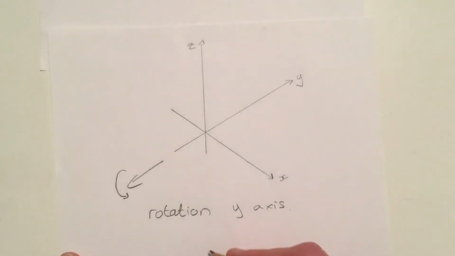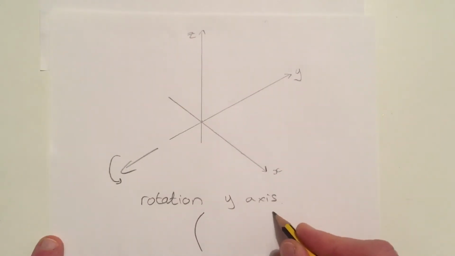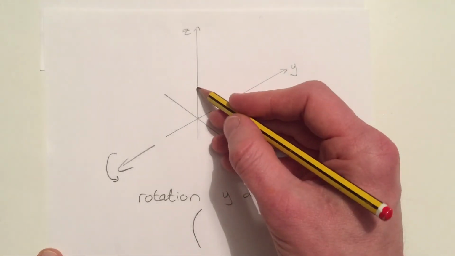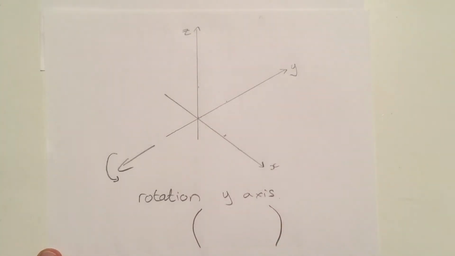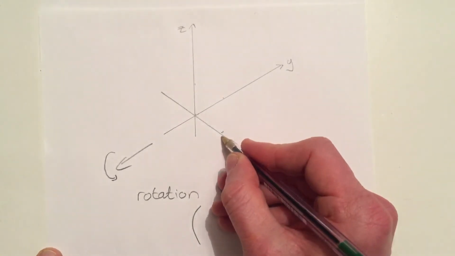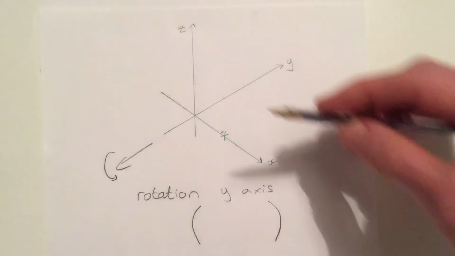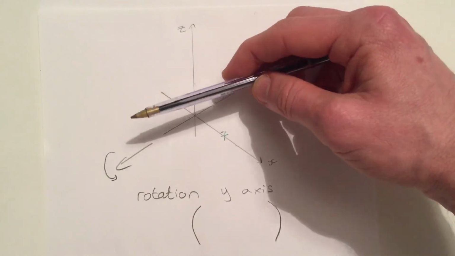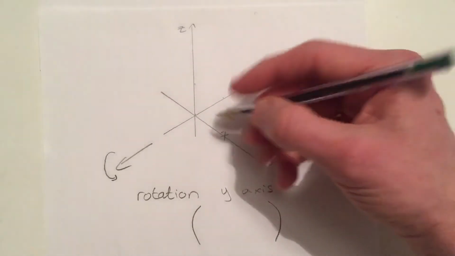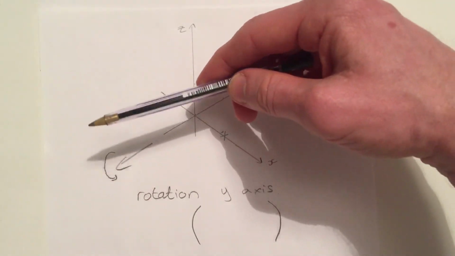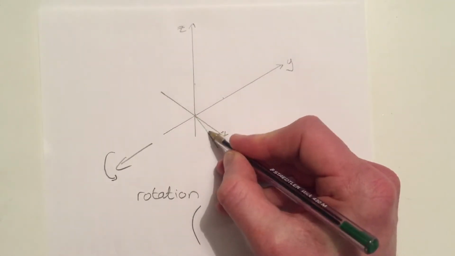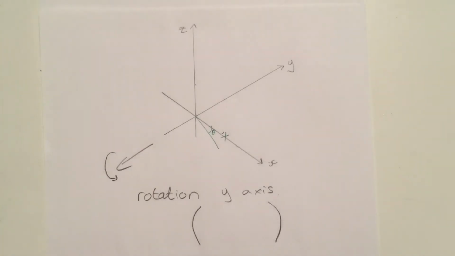So let's consider what would happen again to the coordinates 1, 0, 0, 0, 1, 0, and 0, 0, 1 to get these 3 columns. So the coordinate 1, 0, 0, as I rotate around, this is going to rotate downwards, because as I'm rotating this way round, so it's going down theta like that. Again, that's 1, just like before.